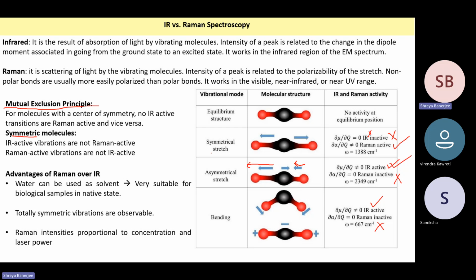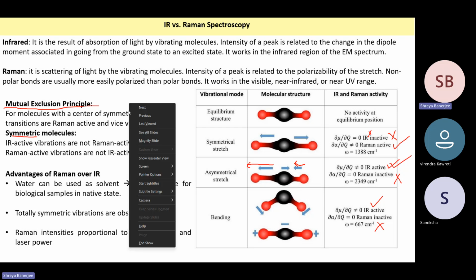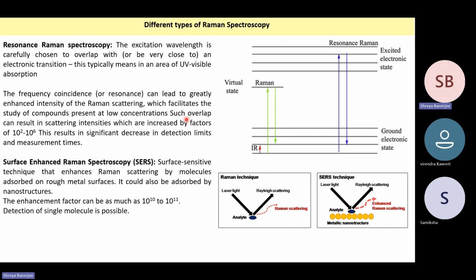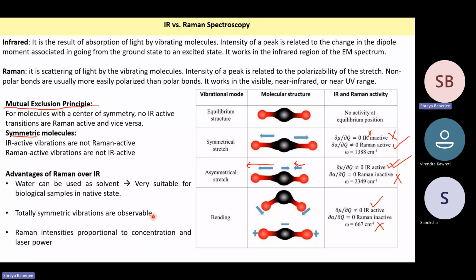So Raman spectroscopy will also tell you about the different bond vibrations, but it has some advantages over IR, in that this symmetric stretching, you cannot study it by IR, but you can study it by Raman spectroscopy. And in Raman spectroscopy, normally the intensity is low.